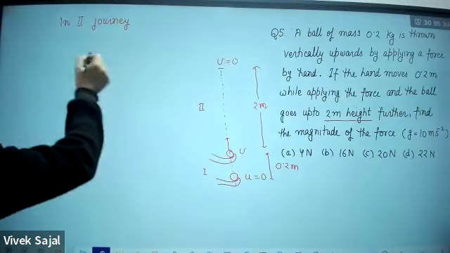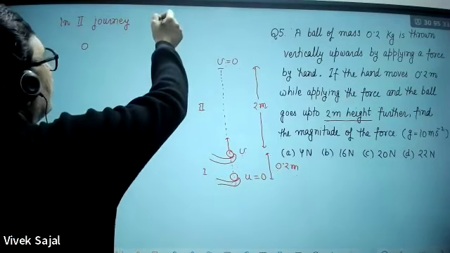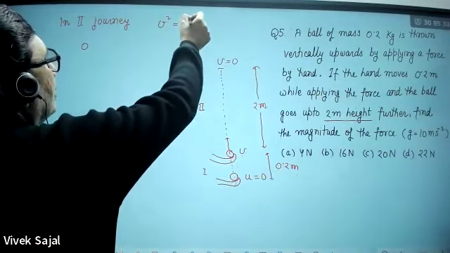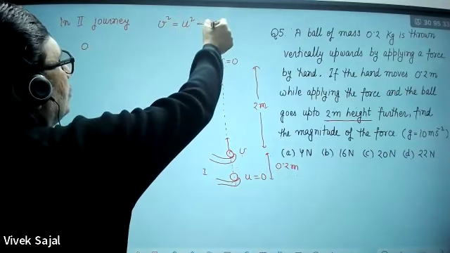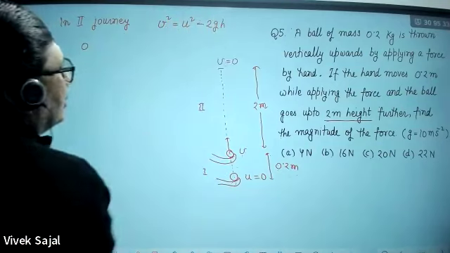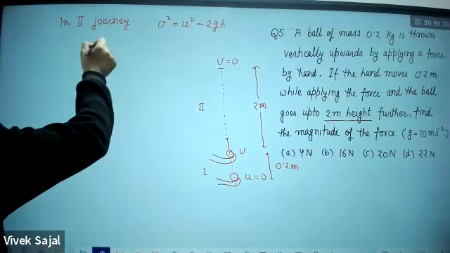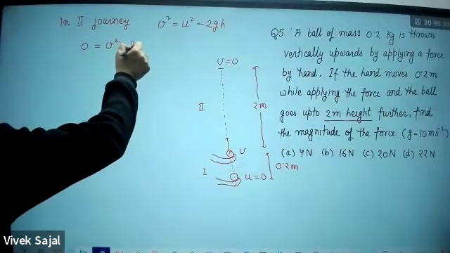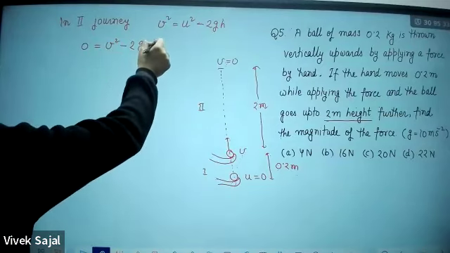So the final velocity v square is 0. I'm using the equation v square is equal to u square minus 2gh, with the upward direction positive. Final velocity is 0, initial was v, so 0 equals v square minus 2 into g into h, where h is 2 meter.